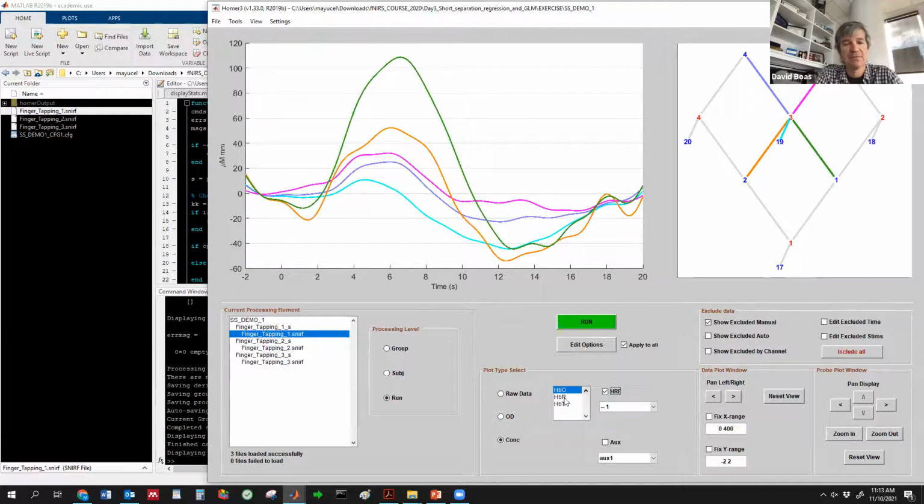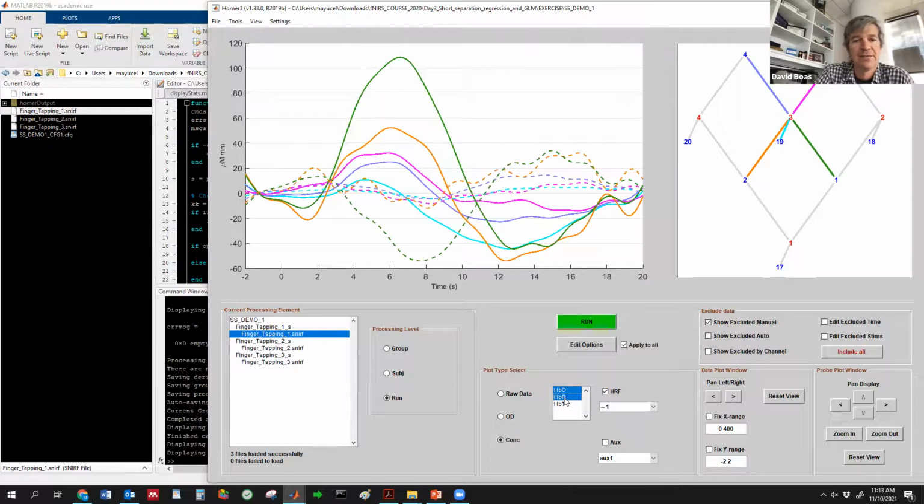So there's oxyhemoglobin, there's deoxyhemoglobin. And so we can see an evoked response here. This cyan line is a short separation channel, and you can see that there is some small evoked response there, but it's not so bad.